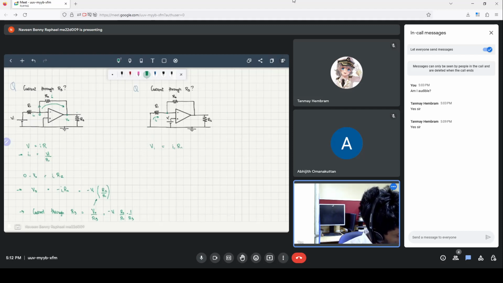Therefore, this becomes I1 is equal to minus Vi by R1.